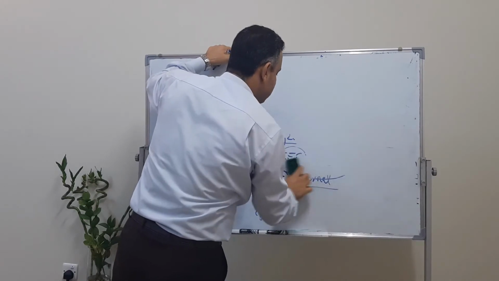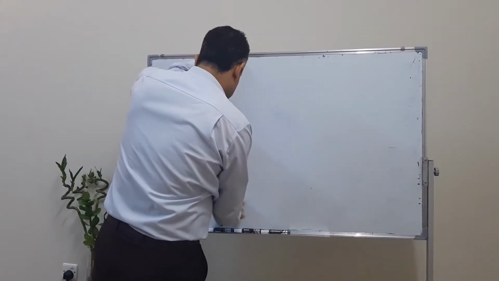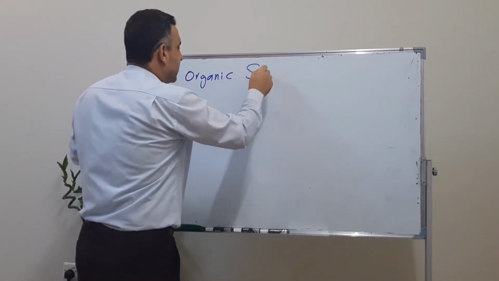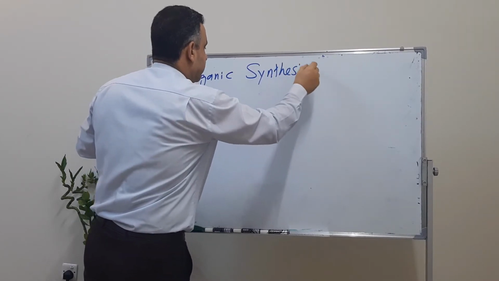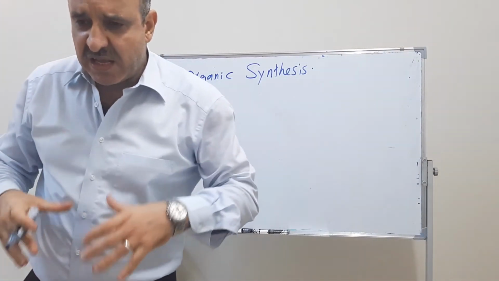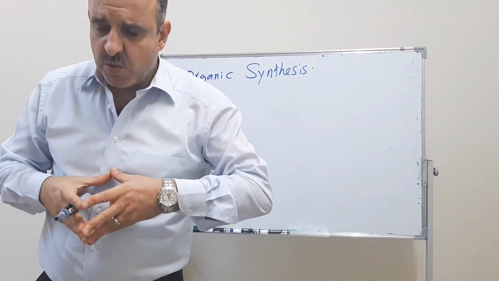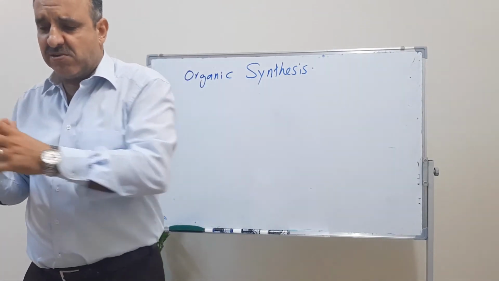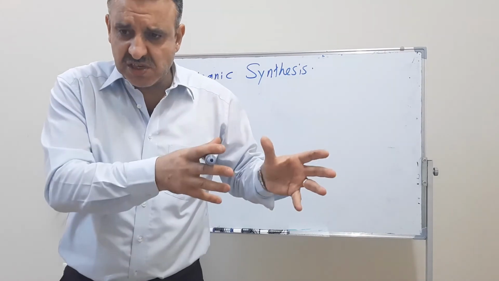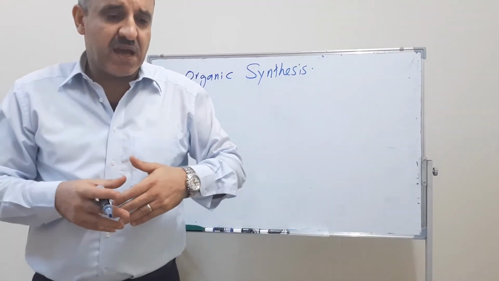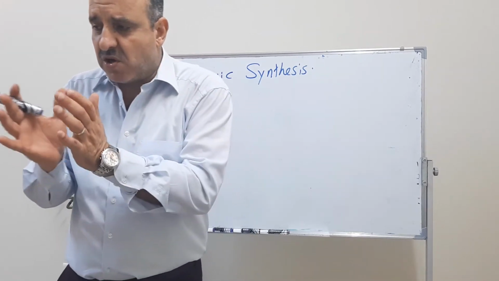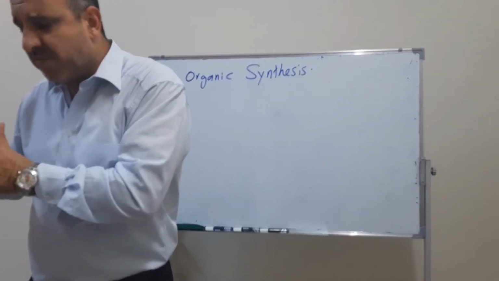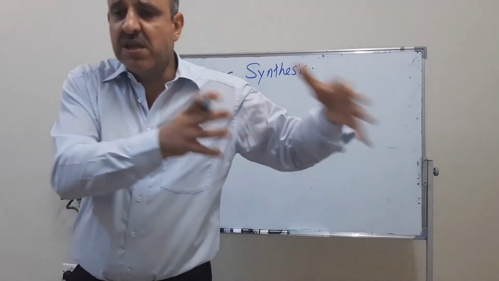Organic synthesis is a very important topic in our life because we need to design, synthesize, and prepare certain compounds which fulfill certain conditions in our life, for example drugs and industrial applications. By organic synthesis, we can design and think about how to convert one starting material into a different product.